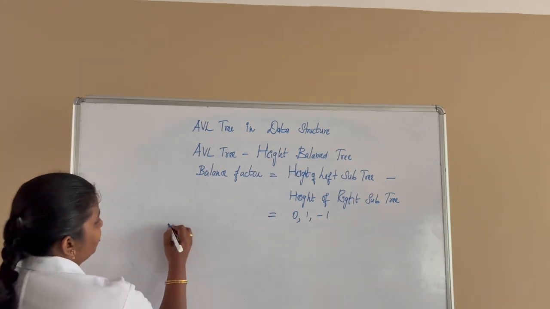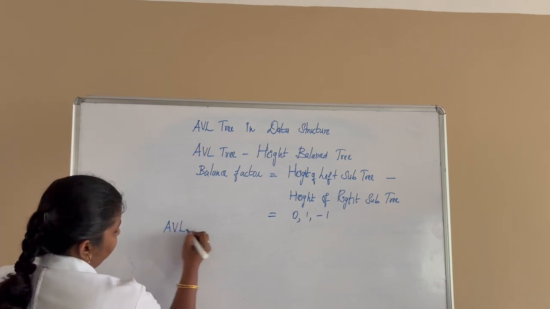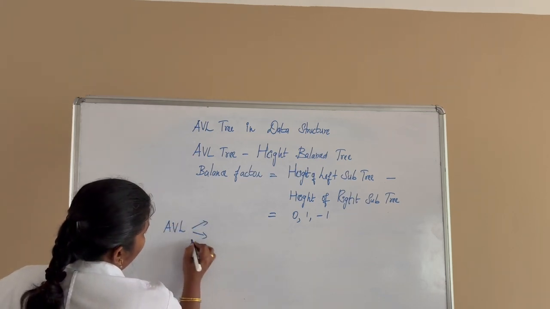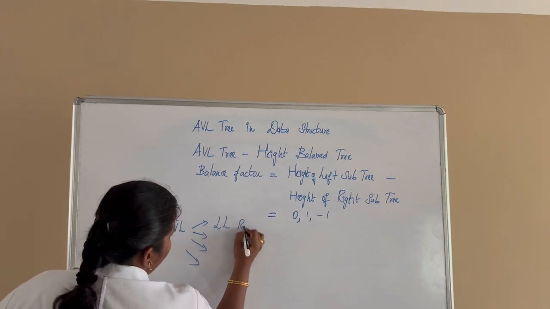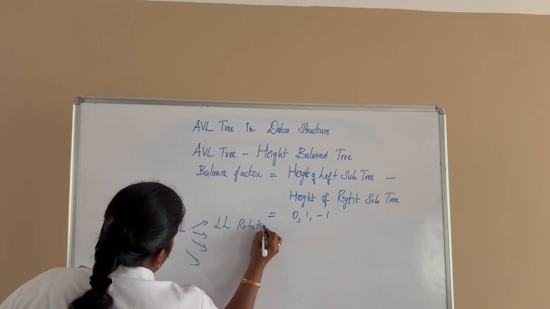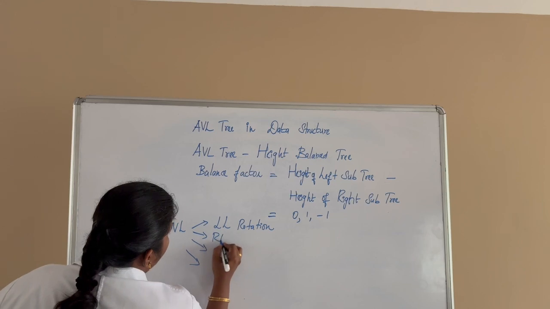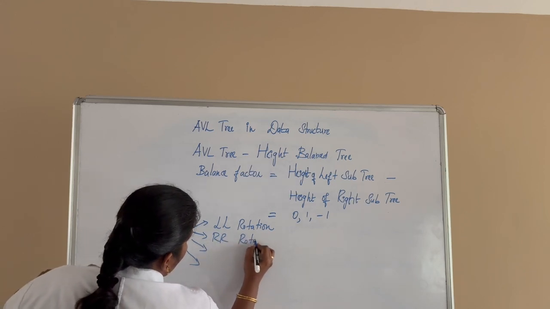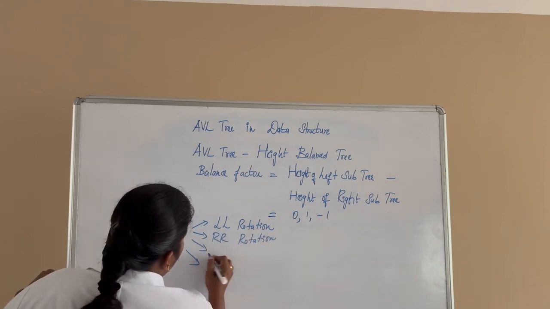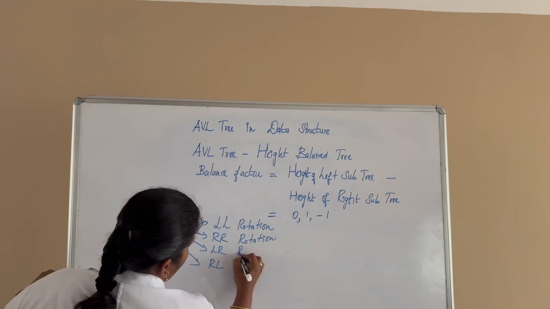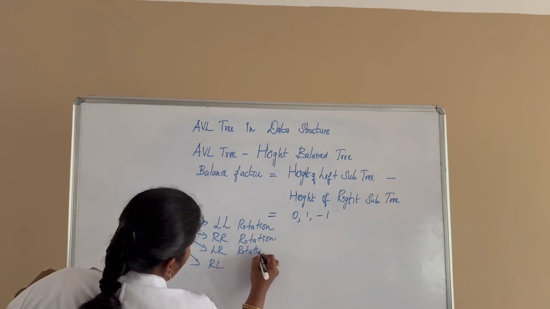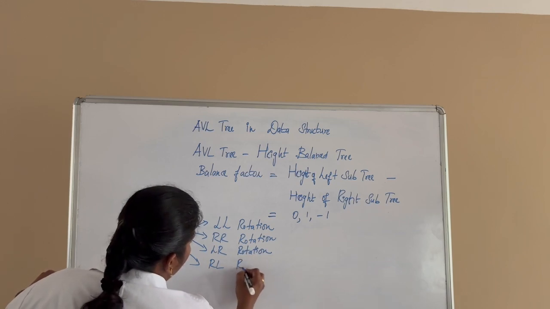There are 4 types of rotations in the AVL tree. One is LL rotation, RR rotation, LR rotation, and RL rotation.